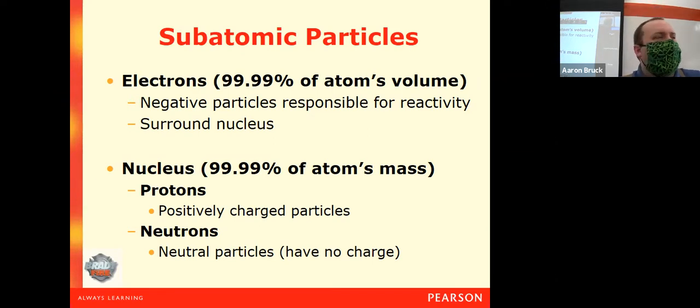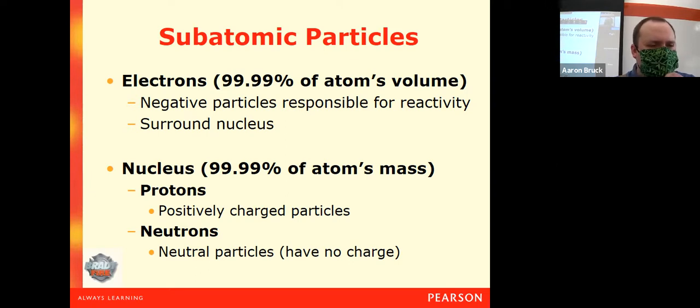So the electrons and how those electrons are arranged in space are largely responsible for whether the substance is air reactive or water reactive, or if it's inert, or if it has a high reactivity or a low reactivity.